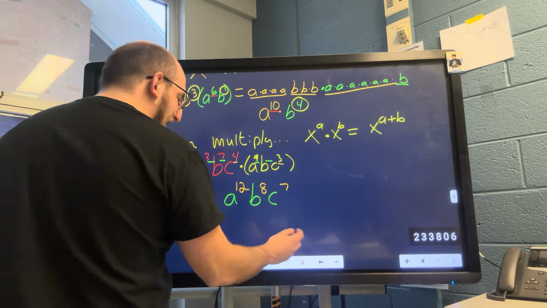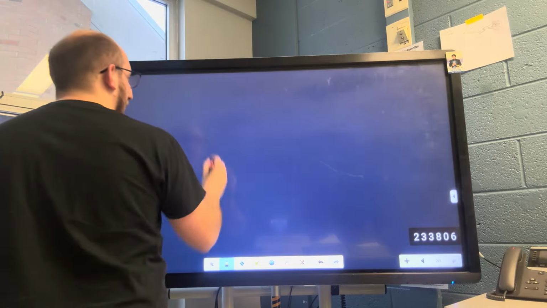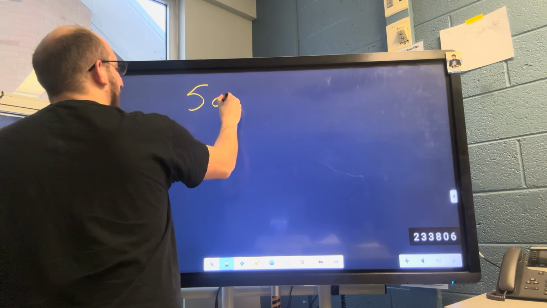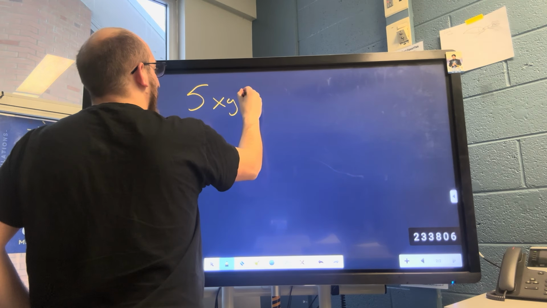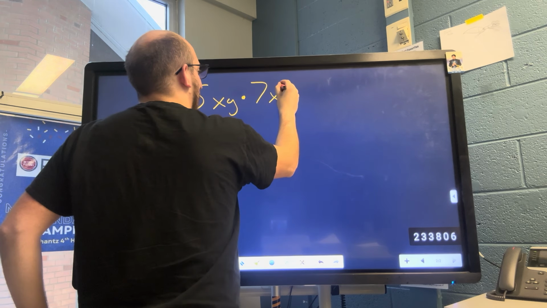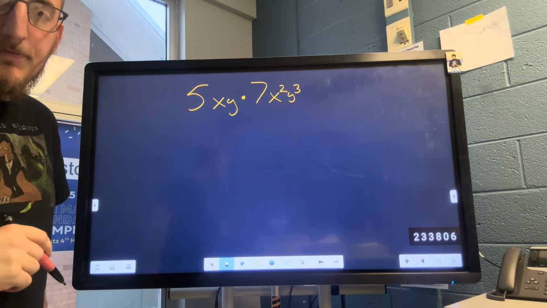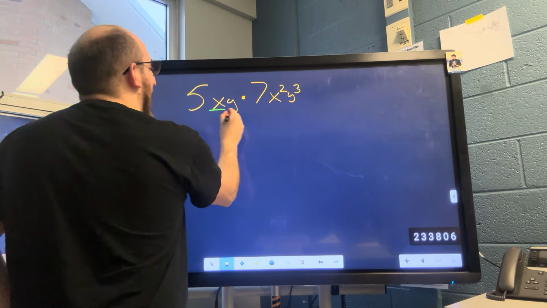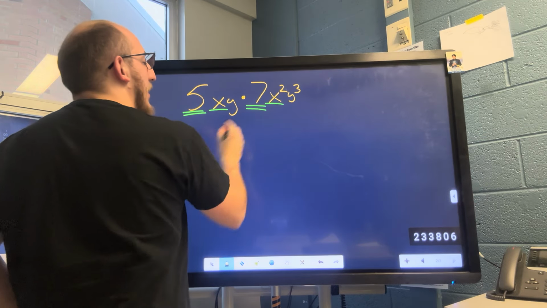So, what if I did 5xy times 7x squared y to the third? We're multiplying, right? Just like we put the x's together, we also multiply the coefficients.